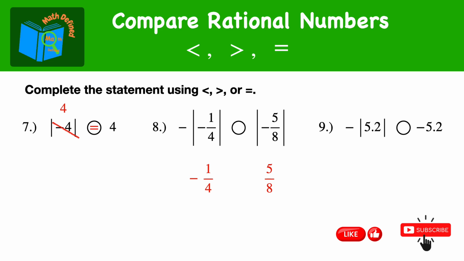And this one is easy because a negative number is always less than a positive one. Problem number 9 has a negative sign outside the absolute value bars. So we'll simplify inside the bars first to get positive 5.2, and then apply the negative sign. So now we're comparing negative 5.2 to negative 5.2, which we know is equal.